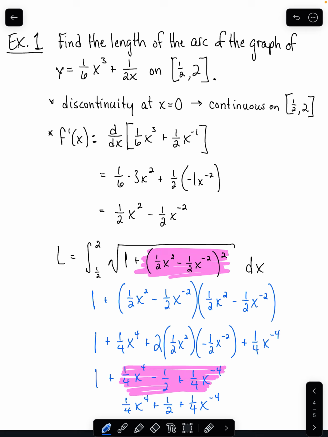This again comes from combining the constant of 1 in front that we haven't used yet with the constant term of negative 1/2 in the middle. And the end result is that we now have a positive 1/2 between these two terms.